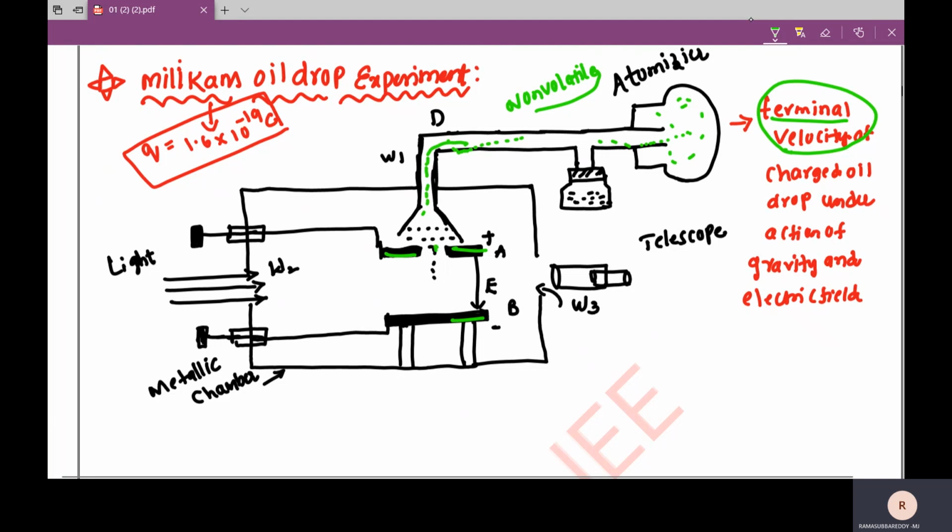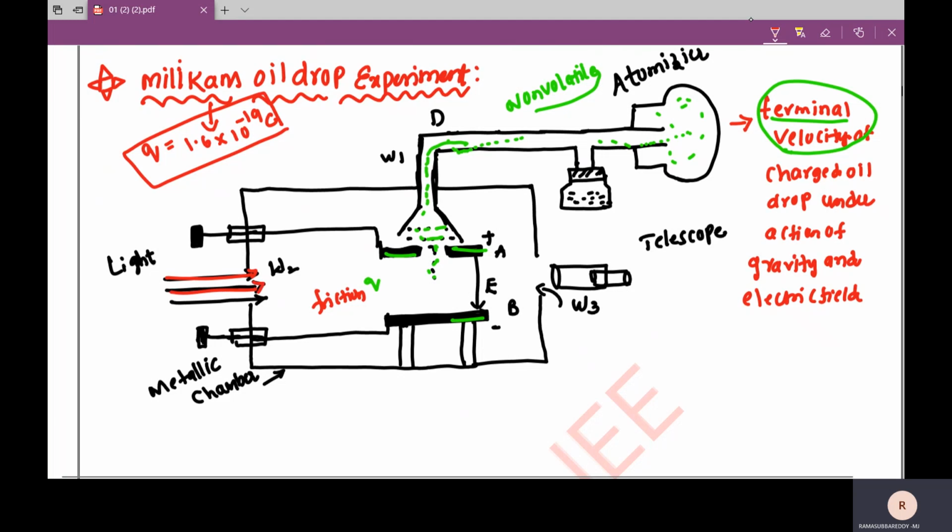So when these oil drops are coming, what will happen? Some of the droplets acquire charge due to friction. That charge we need to find. How to find it? For that we are sending a light.